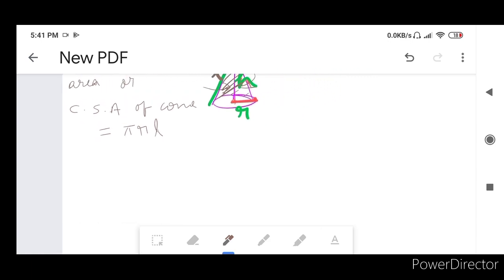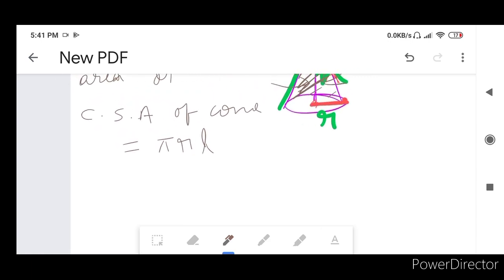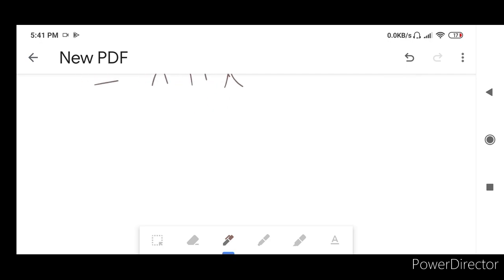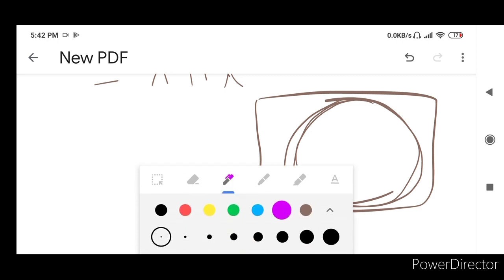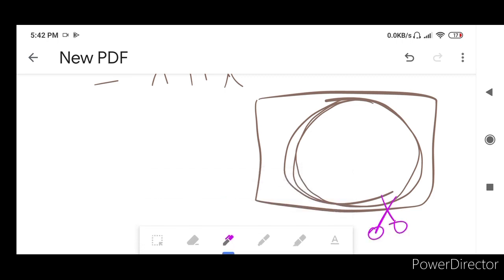Now, how do you make a cone? First of all, you take a sheet of paper, and you draw a circle on it. And with the help of scissors or anything, you cut that in the circular form.